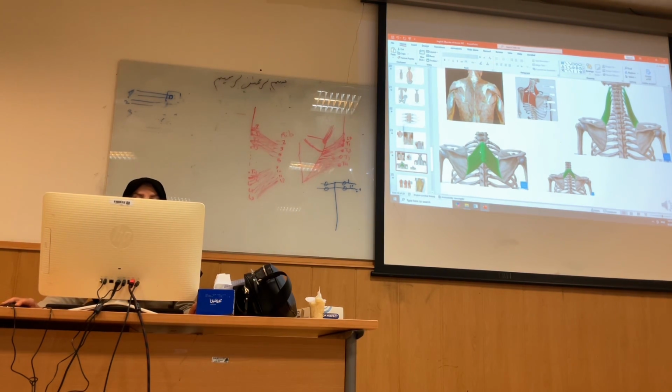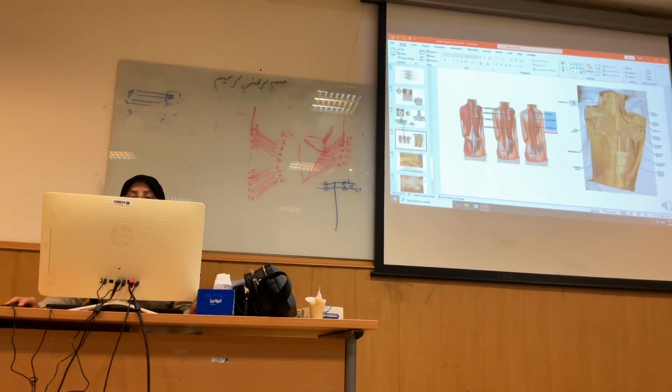Levator scapulae. What's the name of this muscle? Rhomboid minor and rhomboid major. Okay? And here we are going to look at rhomboid major, rhomboid minor, and levator scapulae. What's the name of this muscle? Serratus posterior inferior and superior. During sitting, they are going to remind you of all of the muscles.